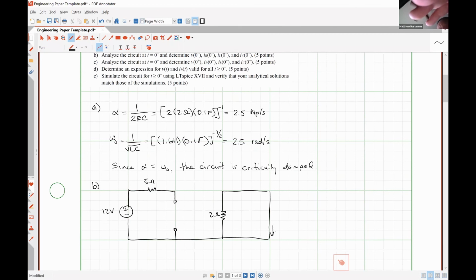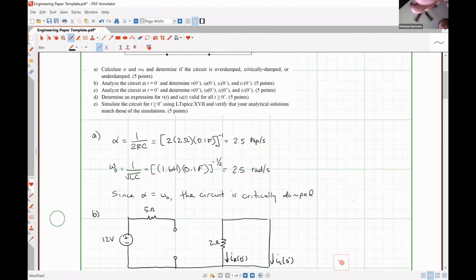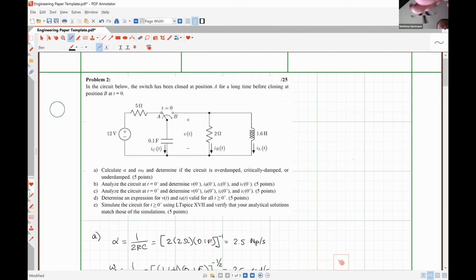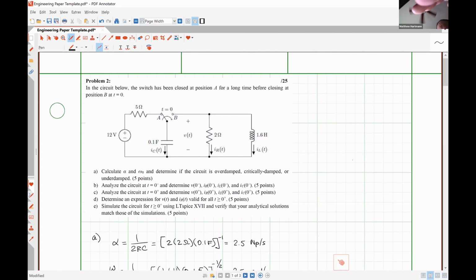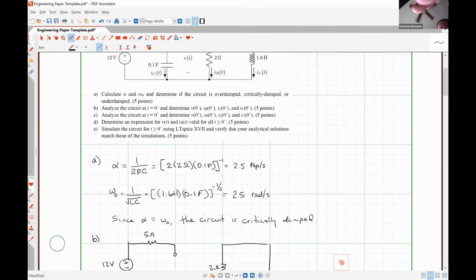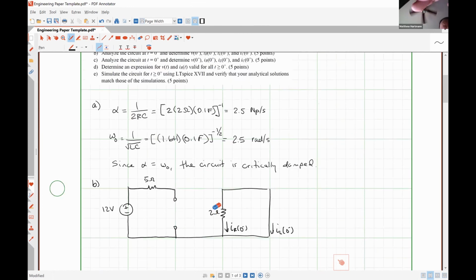Here is our inductor current, IL at 0-. Here is our resistor current, IR at 0-. The voltage drop, V, is the voltage drop over the resistor effectively. So I'm going to move that 2 ohms over.